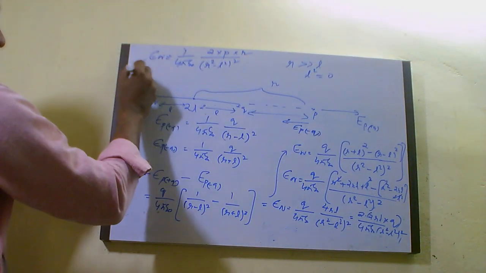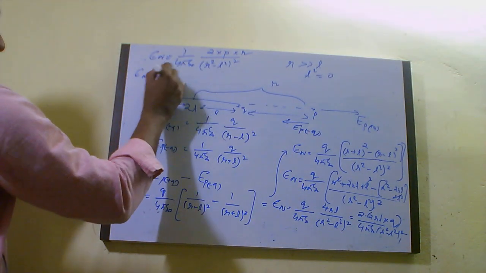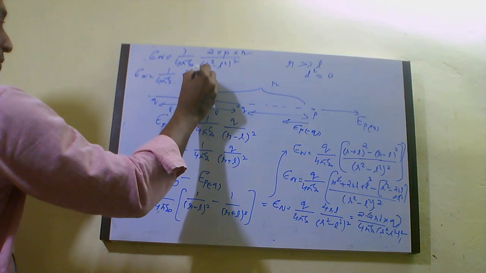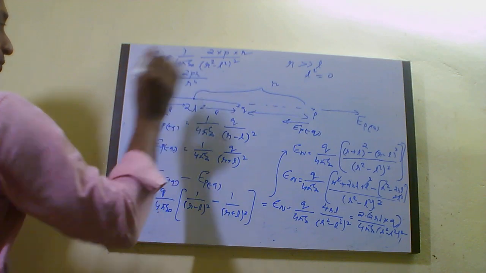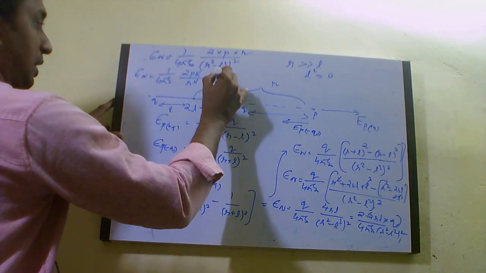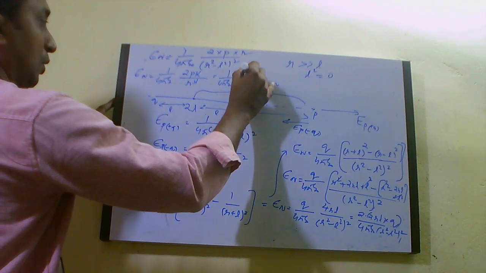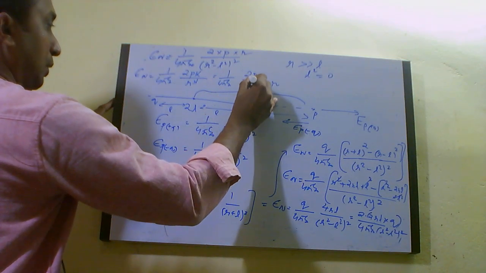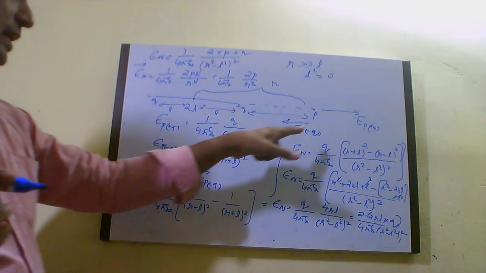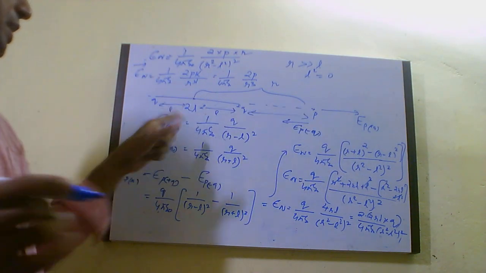So the equation becomes E net equals 1 by 4 pi epsilon 0, 2 times P times R by R raised to 4. So this R and R can be cancelled, and you have 1 by 4 pi epsilon 0, 2P by R cube. This is the net electric field intensity at the point P due to a dipole.